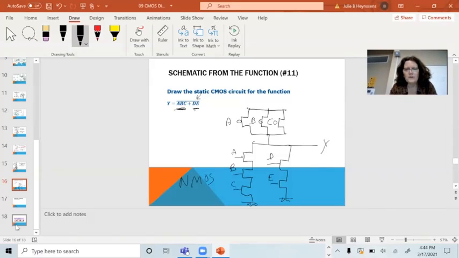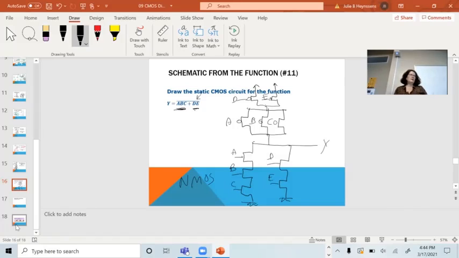So I'm just going to draw a little line across that and make another parallel combination, I'm running out of room, in series with that. So that would be D and E.